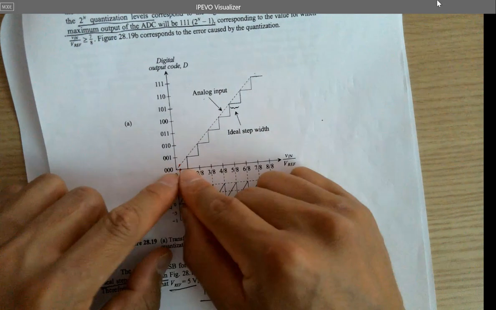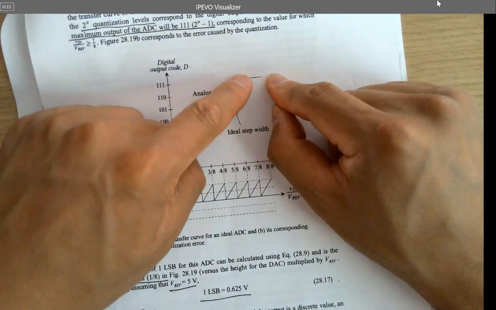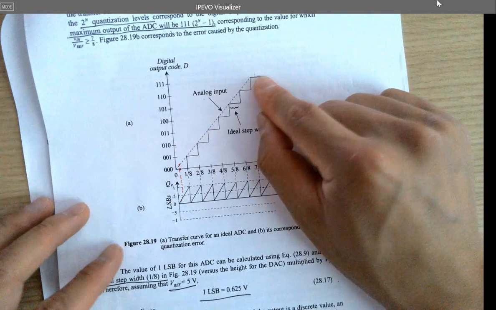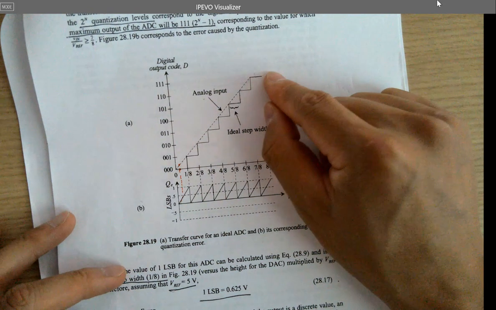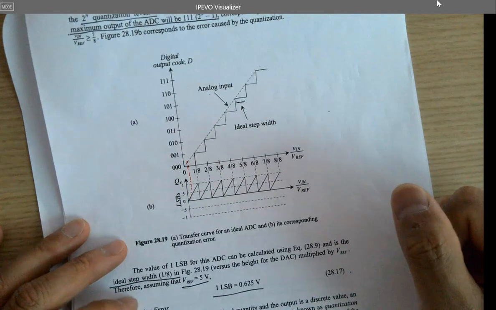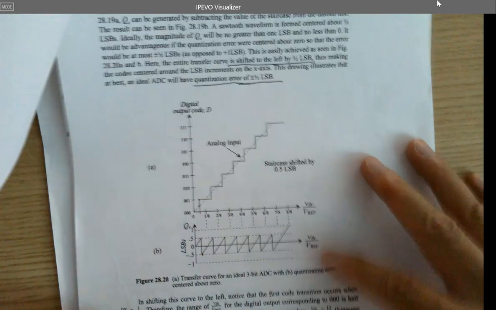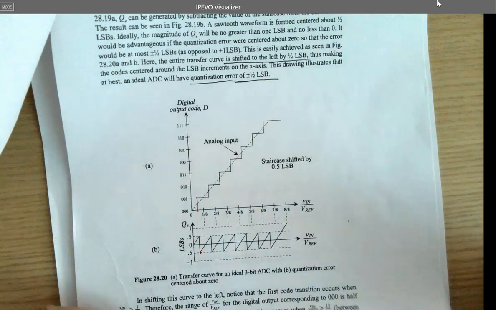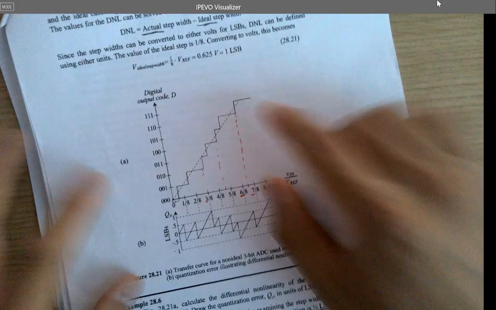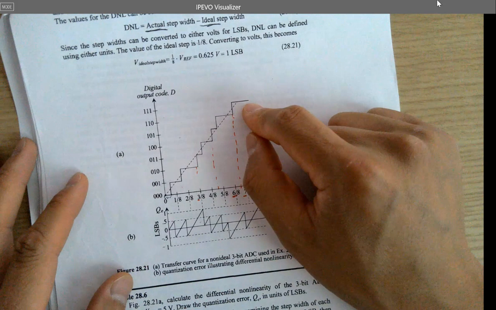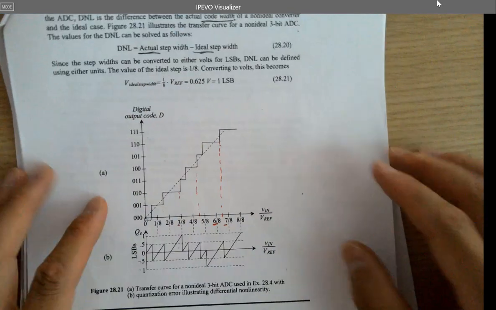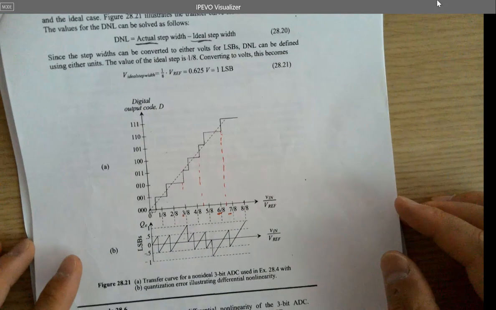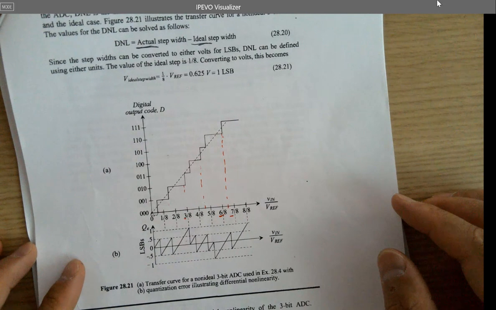So when we shift it to the left, this one is being stretched, from 1 LSB to 1.5 LSB. So step 7, the ideal size is 1.5 LSB, and you are getting 1.5 LSB here. So DNL7 is 0.